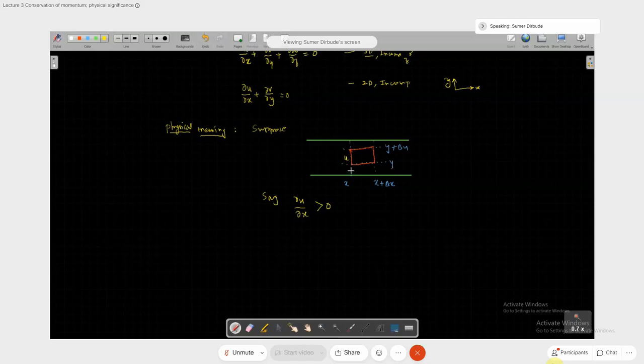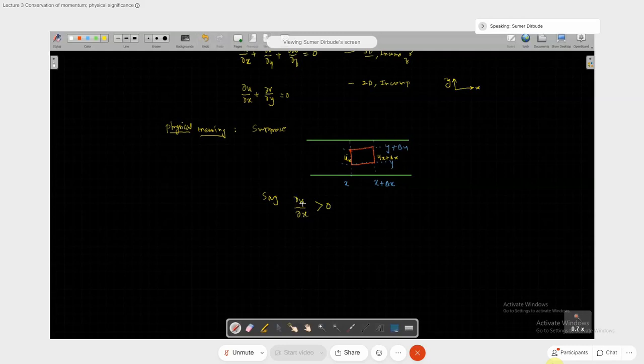Consider u at x and u at x plus Δx. If ∂u/∂x is greater than 0, the value of u is increasing; it is the rate of change of u with x.